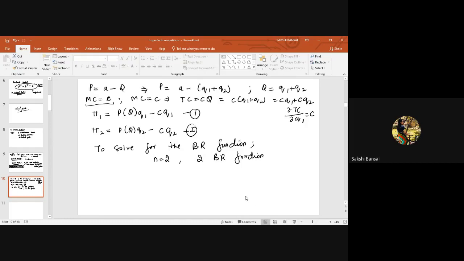To find out the best response function, first I can simply apply my mathematics. This is my equation, right?